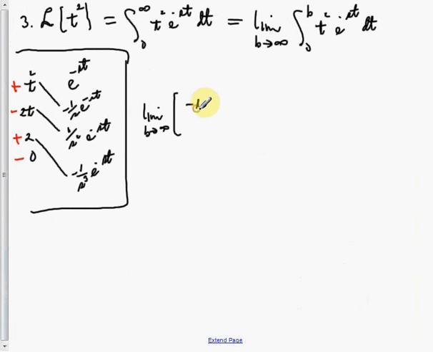So negative t squared over s times e to the negative st. Then this is minus 2t over s squared times e to the negative st. And this is minus 2 over s to the third times e to the negative st.